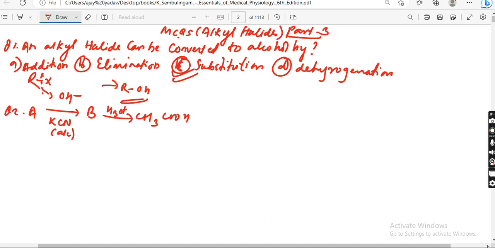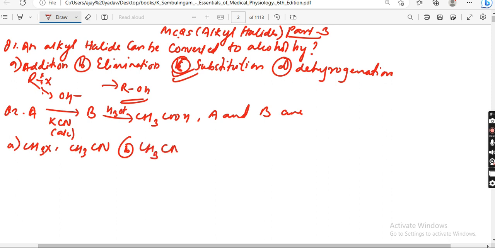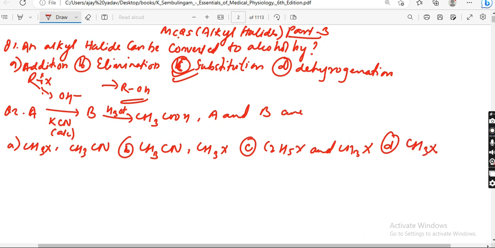So A and B are: option A is CH3X and CH3CN, B is CH3CN and CH3X, C is C2H5X and CH3X, and D is CH3X and C2H5CN.